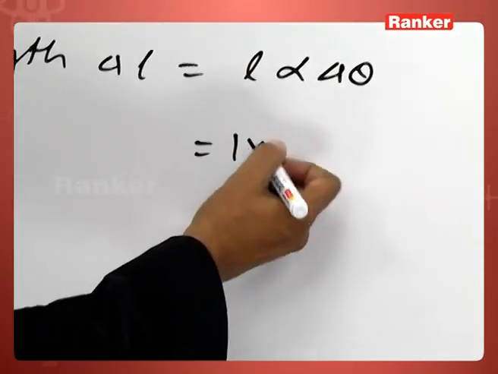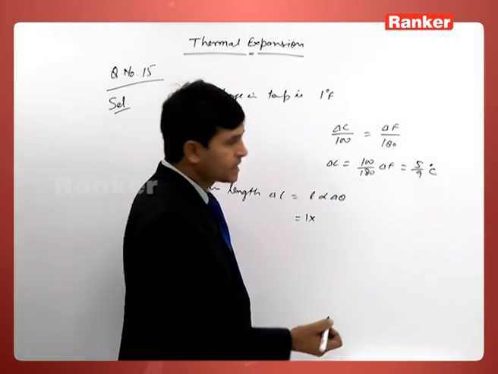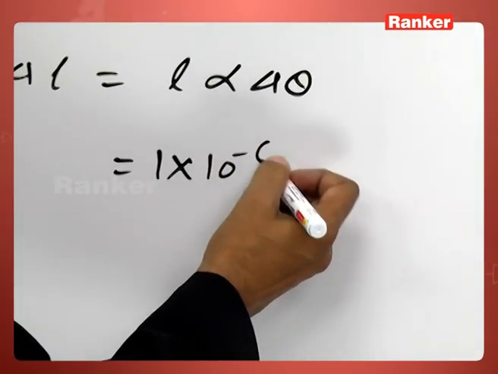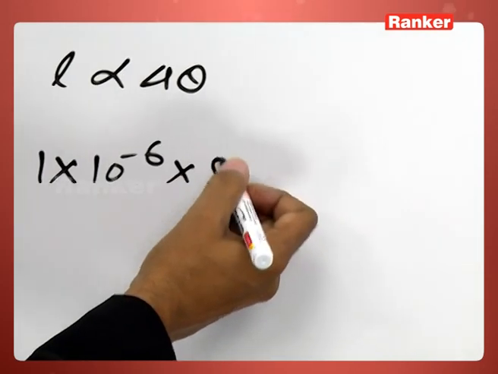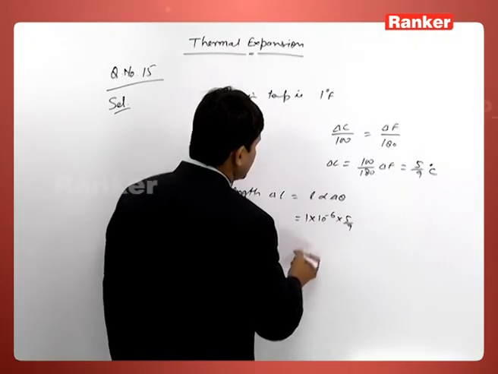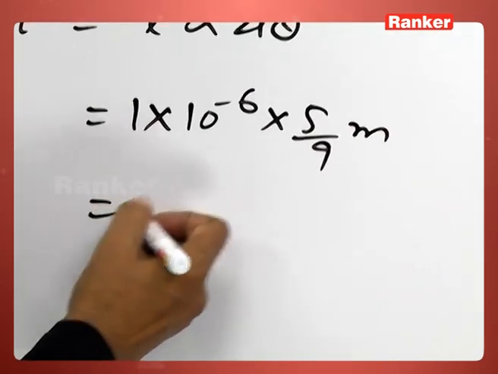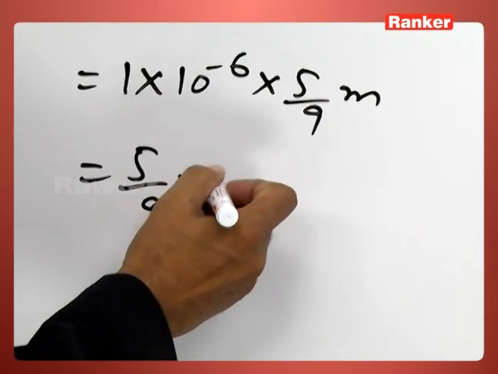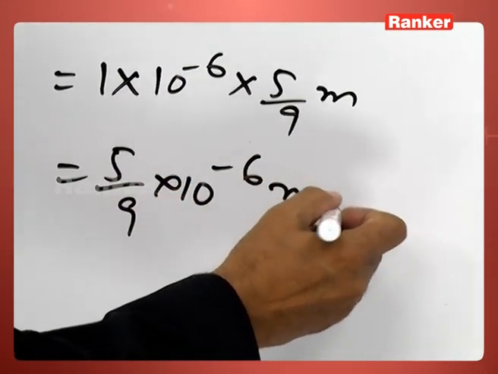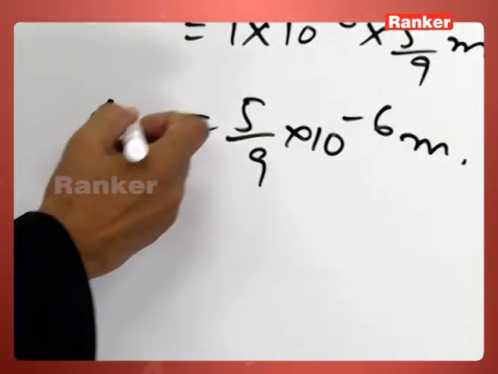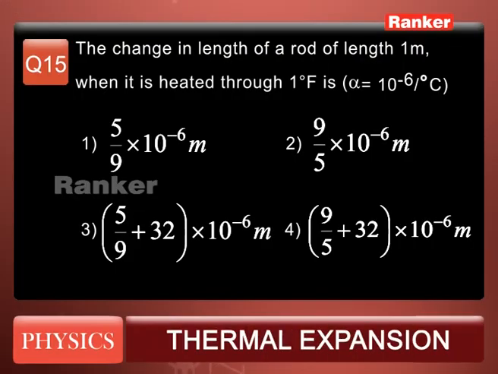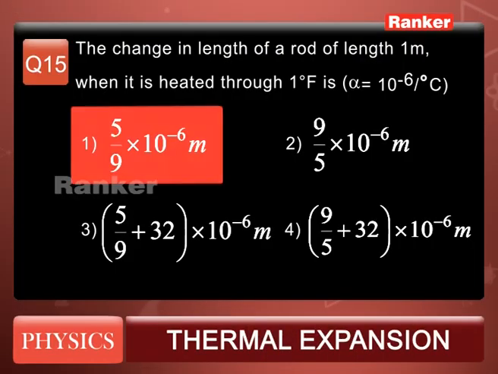So 1 times alpha, given as 10 power minus 6, and delta theta is 5 by 9. So finally the answer is 5 by 9 times 10 power minus 6 meter. This is the change in length, so our answer is option number 1.